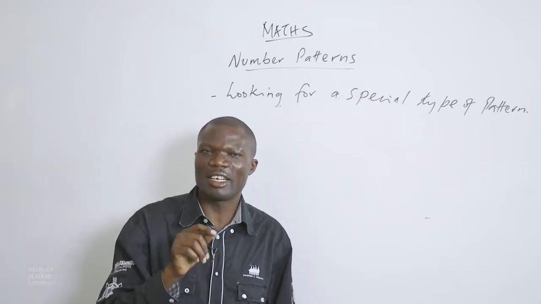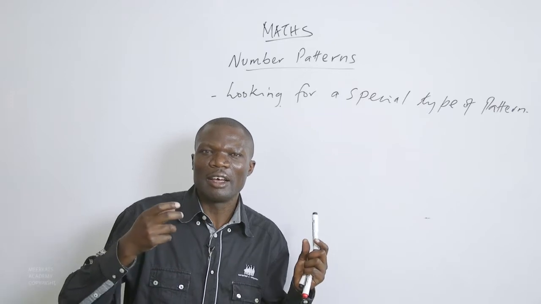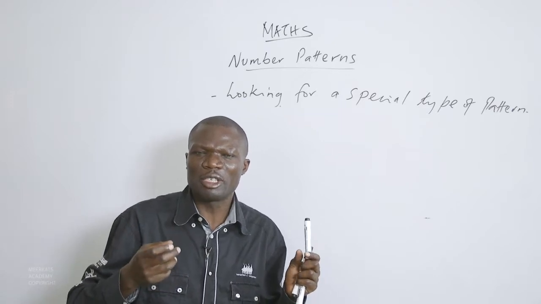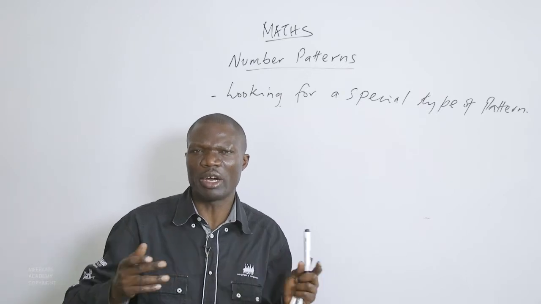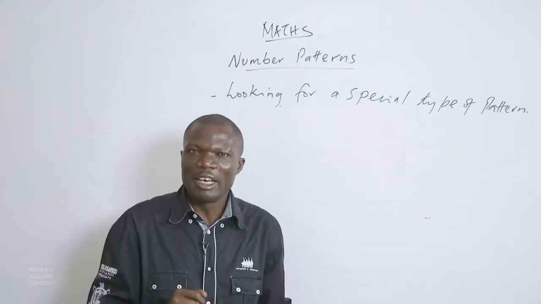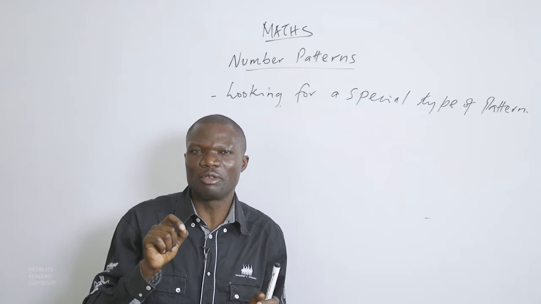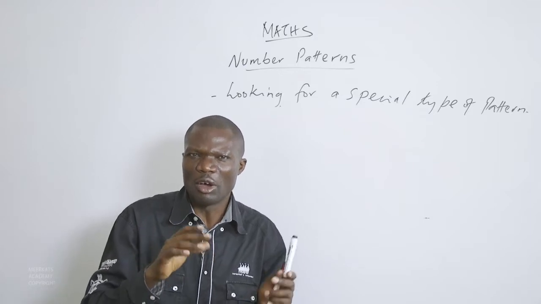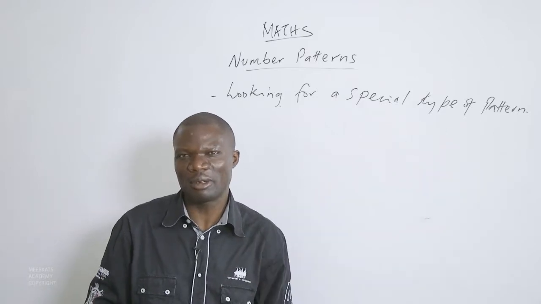How is the next term being generated? Number patterns is a mathematical concept that requires you, the learner, to reason out wider. So when we have a special type of pattern, it is not that it is just specific. It is the duty of you as a learner to look at what could be the possible special pattern in a sequence of numbers.